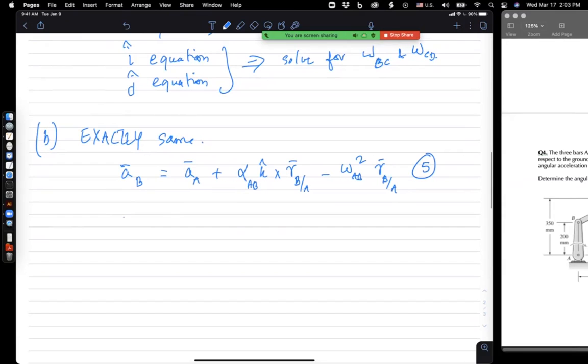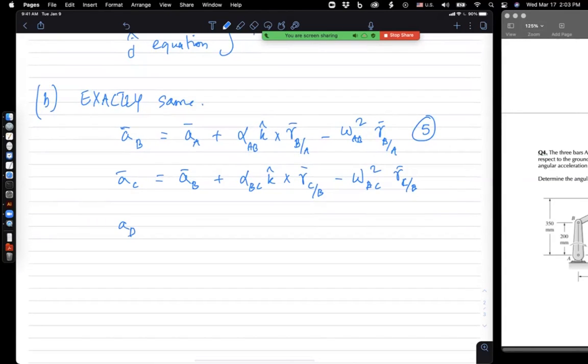And then we do AC equals AB plus alpha BC K cross RC with respect to B minus omega BC squared RC with respect to B. And then AD, AA is 0, AD is 0, which is AC plus alpha CD.